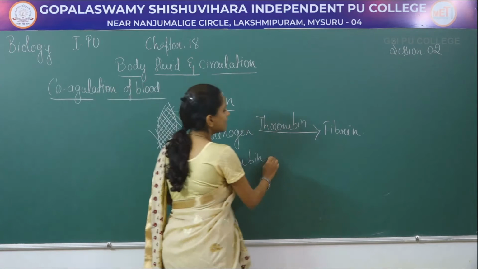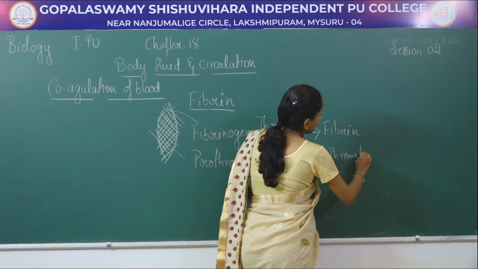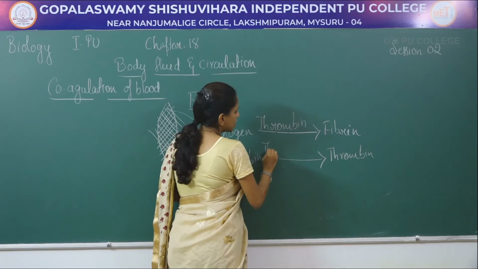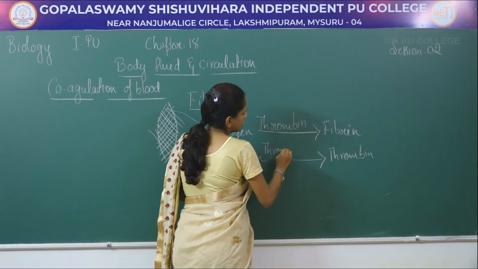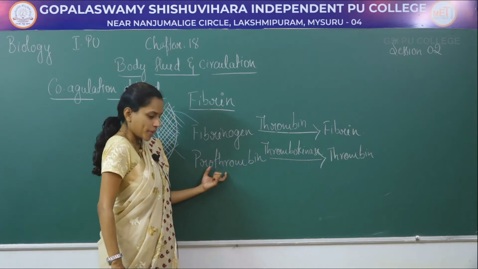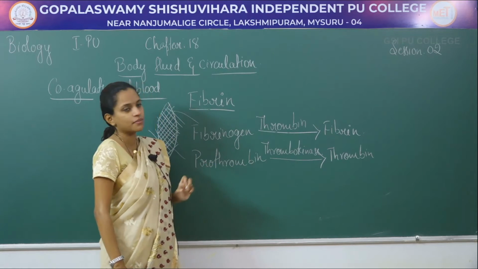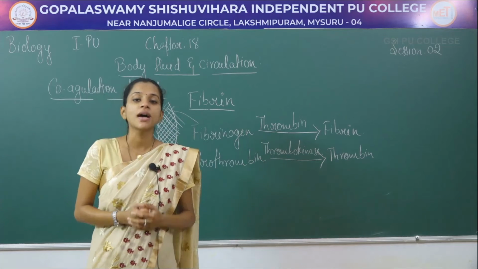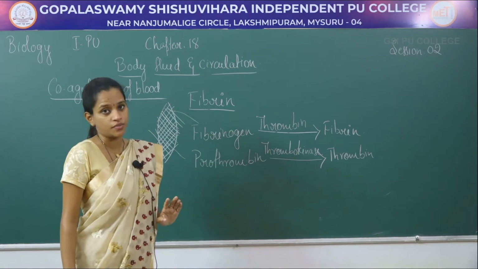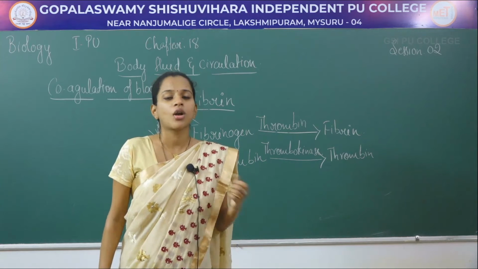It gets activated into thrombin in the presence of the thrombokinase enzyme. Prothrombin will also be present in the plasma just like fibrinogen. So, the blood plasma contains prothrombin as well as fibrinogen. Both are the inactive forms involved in coagulation or clotting of blood.